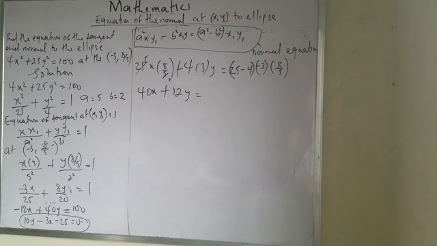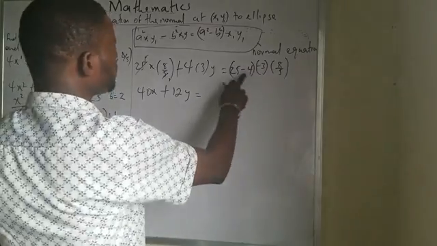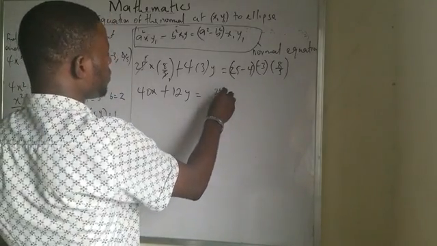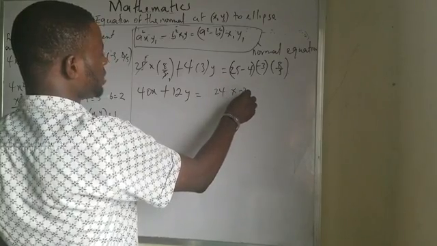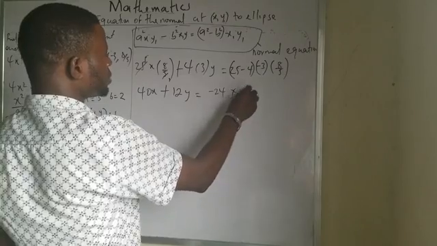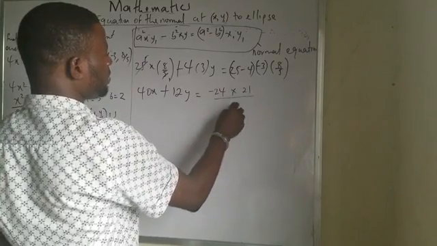That'll be 24 multiplied by minus 20. Minus 24 multiplied by minus 21 divided by 5.